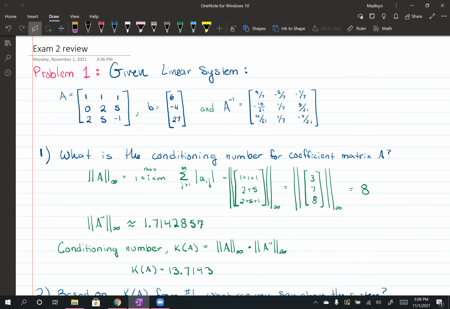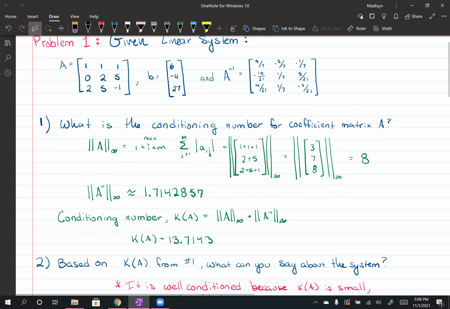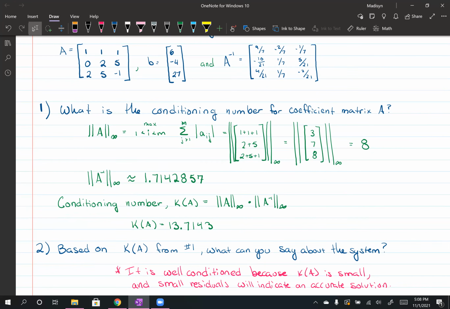So yeah, part 1 of question 1 is going to be, what's the conditioning number for coefficient matrix A? To give you more of a hint, the way we might ask this question is to say, using the inverse provided here in the infinity norm and the infinity norm of inverse of A, the conditioning number for coefficient matrix A is blank.